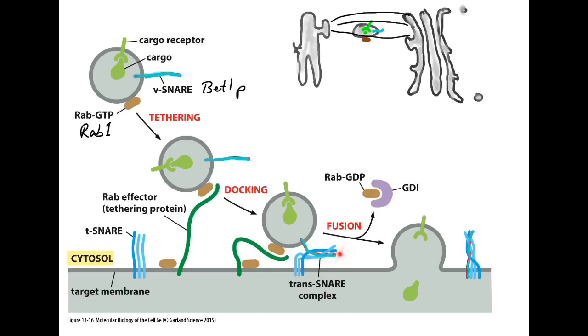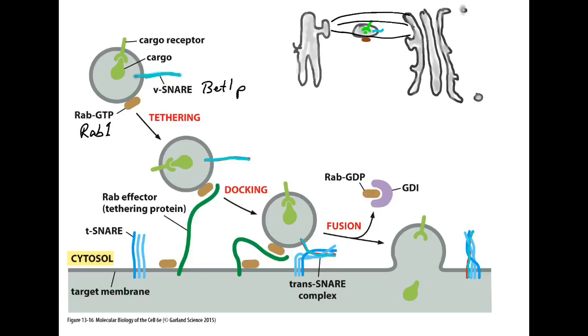It's about as tight as any non-covalent interaction you will see in biology. And it's specific in the sense that this has to be the appropriate V snare and this has to be the appropriate T snare. Otherwise, the process will not continue. So even if this is the appropriate match, if this isn't, then fusion will not proceed.